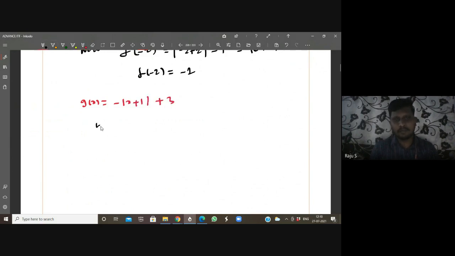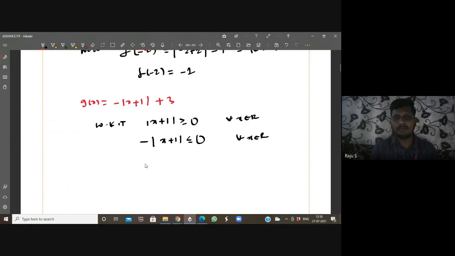Here we know that modulus of x plus 1 is greater than or equal to 0. But when I multiply by minus, minus of this value is less than or equal to 0 for every x belongs to R. But here plus 3 is there.